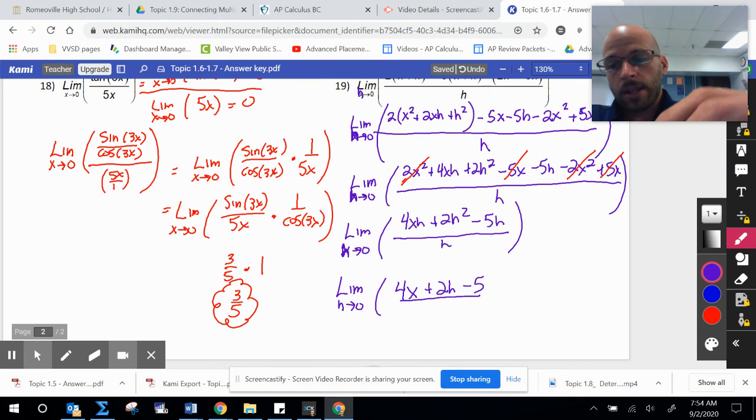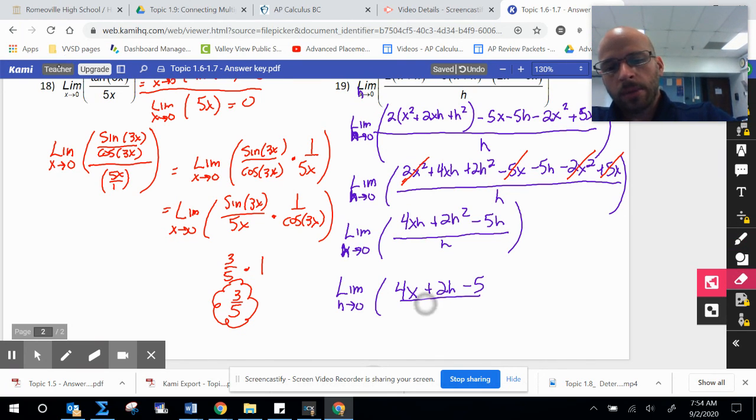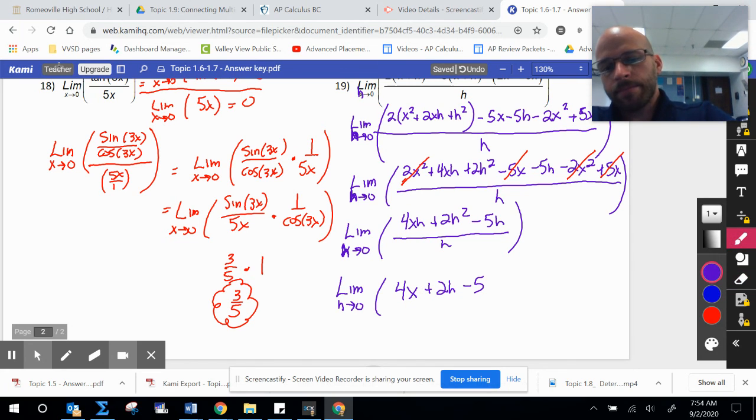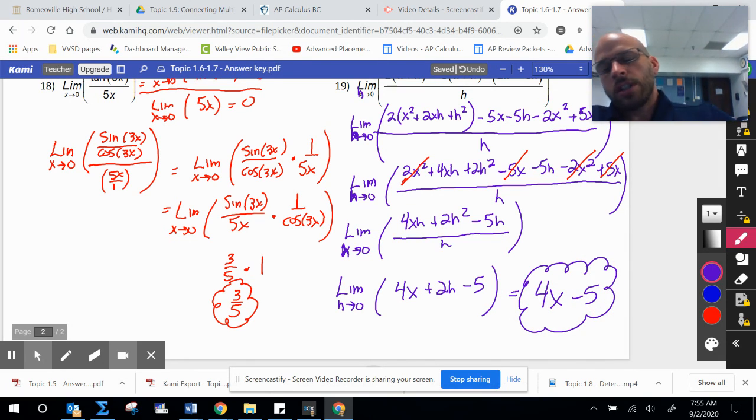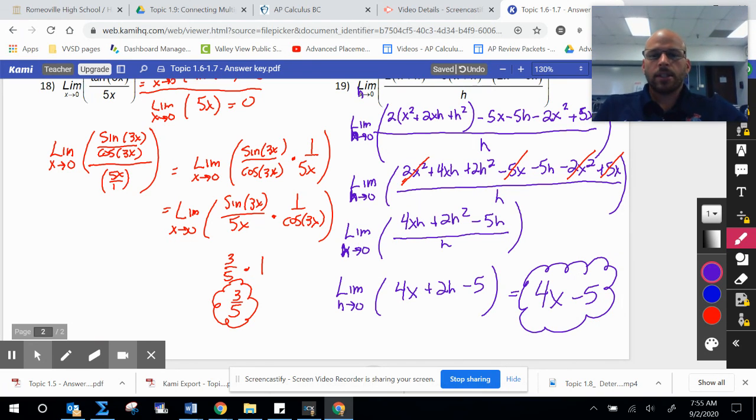And it won't be over anything, actually, because that h on the bottom cancels out with all the h's on the top. Now, if I substitute 0 in for h, I'm left with the expression 4x minus 5. Again, when you do these problems, you're going to be left with an expression of x and not necessarily a value. Okay? Hopefully that helps you do your homework and kind of go from there. All right?